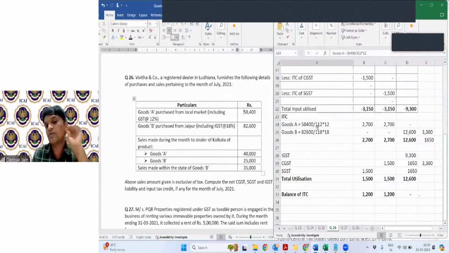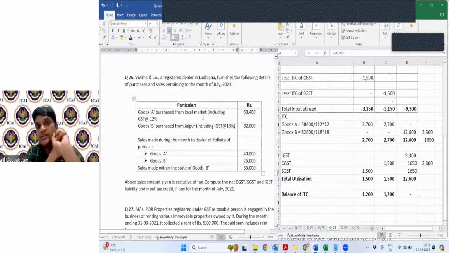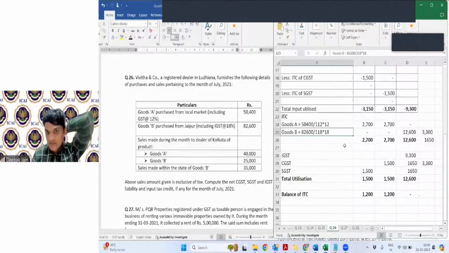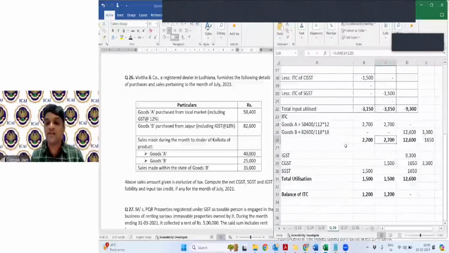So I have to gross it up: 50,400 divided by 112 into 12, and then break that into half CGST and SGST, because this is purchased from local market. And on goods B, it is including IGST at 18% because it is purchased from Jaipur. So 82,600 divided by 118 into 18 will give you the IGST credit. So my total credit is 2,700, 2,700 and 12,600.